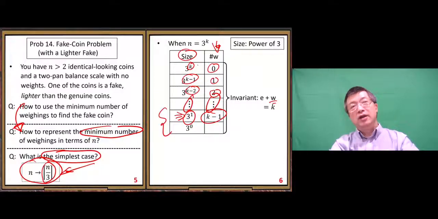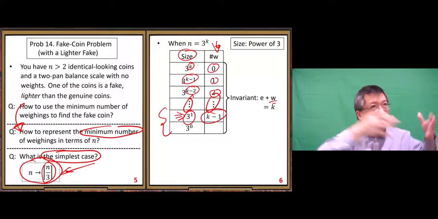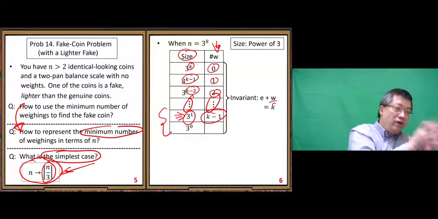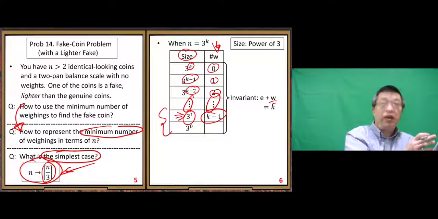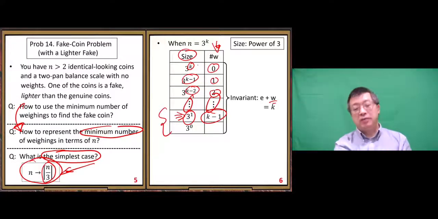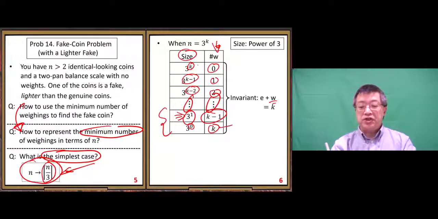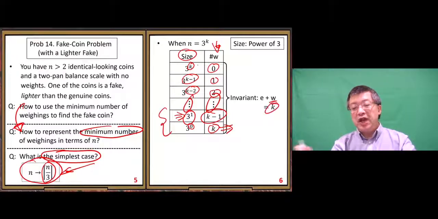That's the fake, because we narrow down until finally we reach only 1 coin that contains the fake. That's the answer. When E equals 0, W equals k: 0 plus k equals k. So we find the answer.